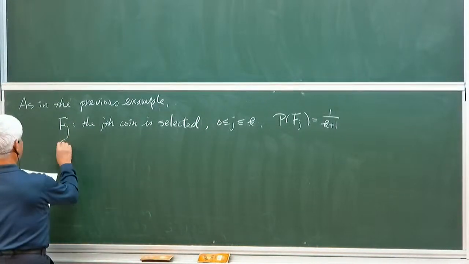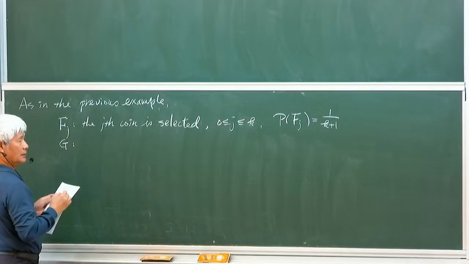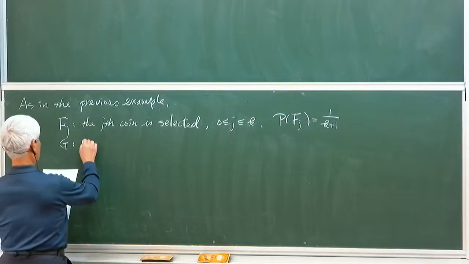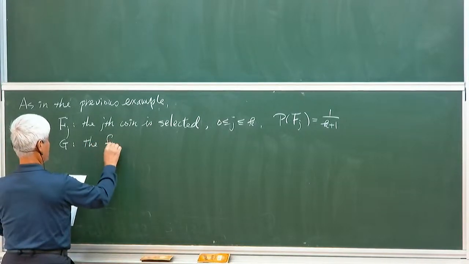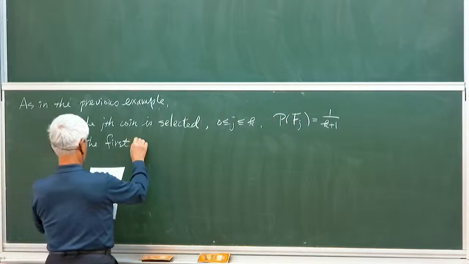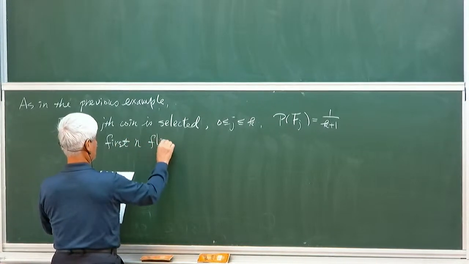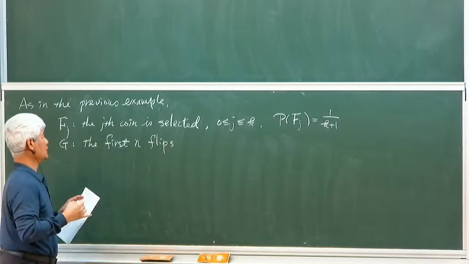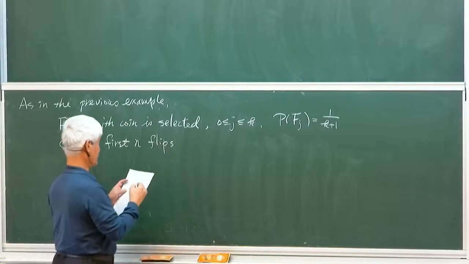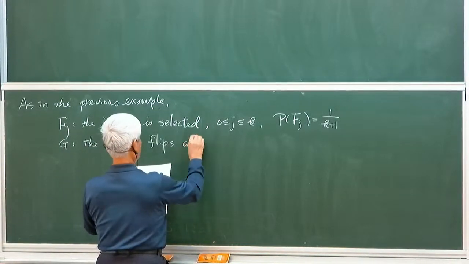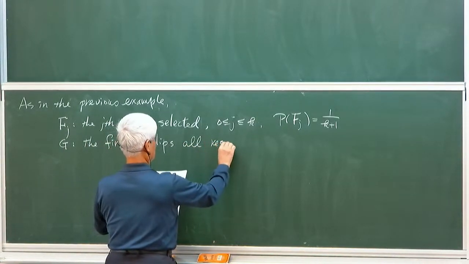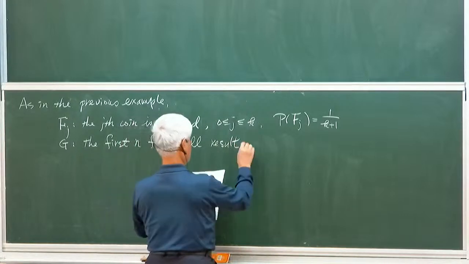And the given event is that G is the first n flips. So once we select a coin, now the first n flips all result in head.